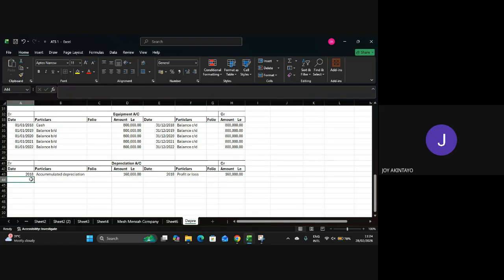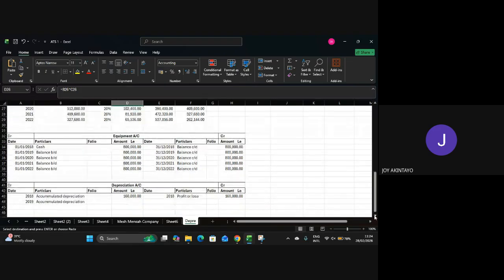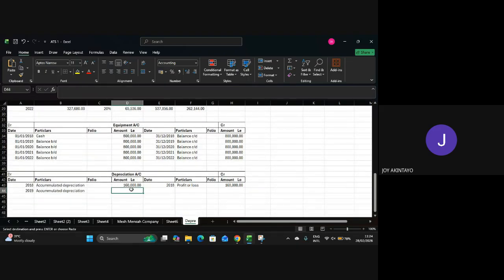Then the next thing is 2019. What's our depreciation for 2019? Then you put your accumulated depreciation here. Then you say our depreciation for the period is this, abi, 128,000 naira. Abi, are we together?